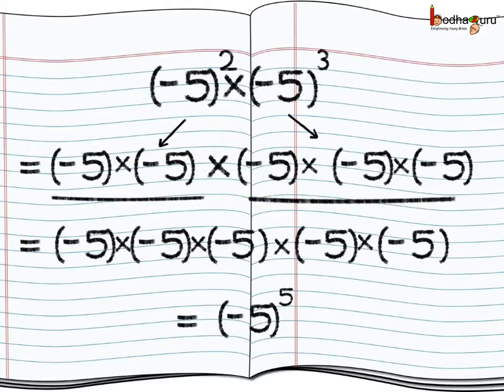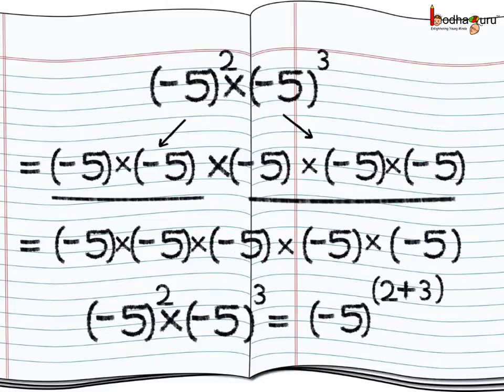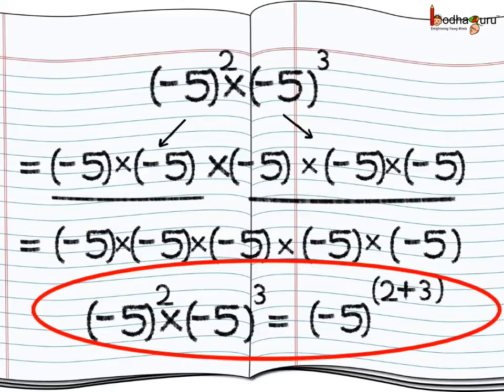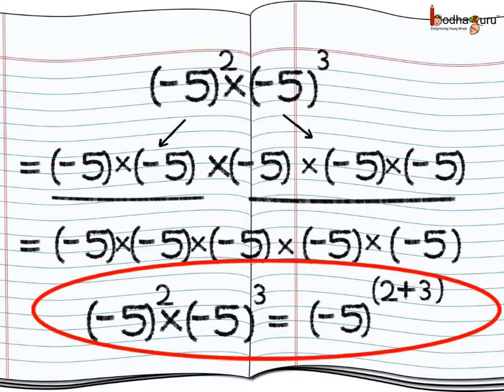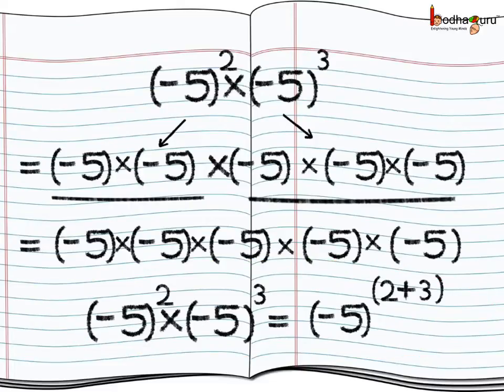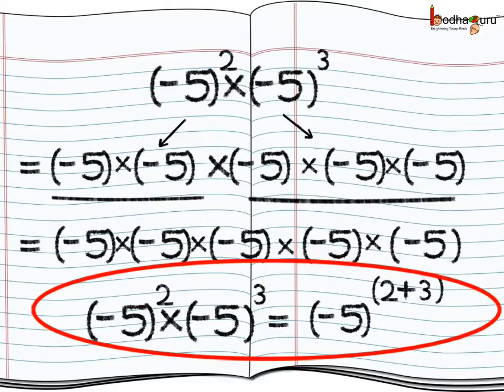So, it can be written as minus 5 to the power 5. Right, children? As 5 is equal to 2 plus 3, we can say minus 5 to the power 2 multiplied by minus 5 to the power 3 is equal to minus 5 to the power 5, which is equal to minus 5 to the power 2 plus 3.